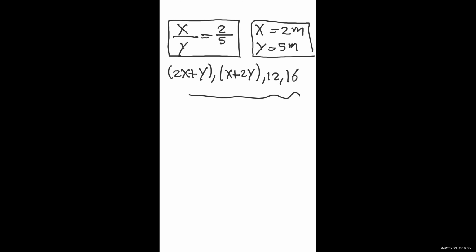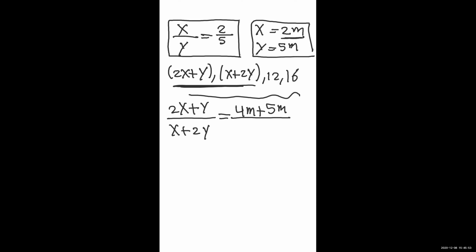Then the next step, write down the ratio: 2x plus y over x plus 2y, where x equals 2m. So 2x means 2 times 2m, 4m, plus y, which is 5m, over x, which is 2m, plus 2y, which is 2 times 5m, 10m.